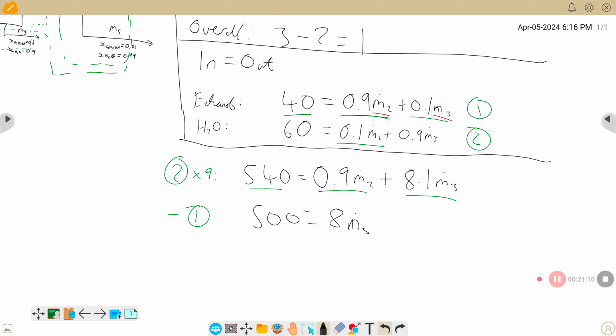Yes. I just need to divide both sides by 8. So I can say M3 is equal to 500 divided by 8, which is equal to 62.5 when I type it into my calculator. Now, I could do the same process for my M2.